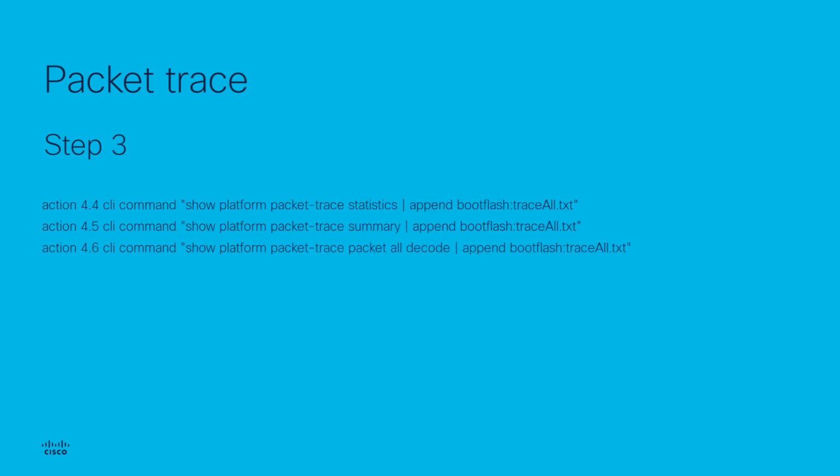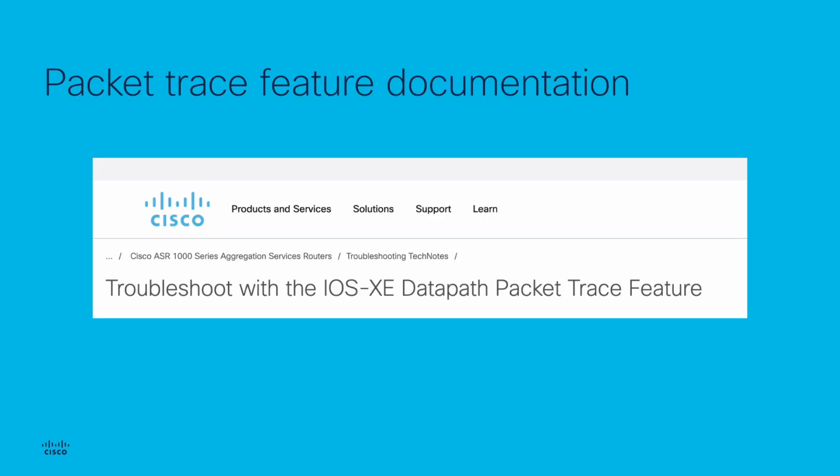Then, include these actions as well to dump the data in a separate file before invoking the crash dump generation. This additional modification to the script allows you to understand what type of packets can be causing the issue. Packet trace documentation can be found at the Troubleshoot with the IOS XE datapath packet trace feature article.